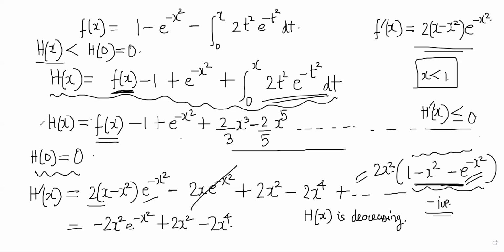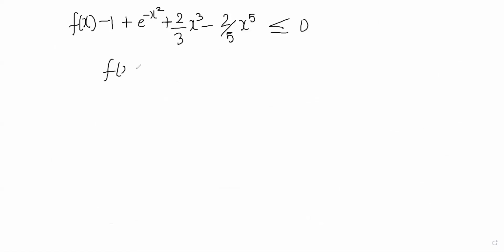So we are able to show that f of x is less than equal to 1 minus e power minus x squared minus 2 by 3 x cube plus 2 by 5 x power 5.